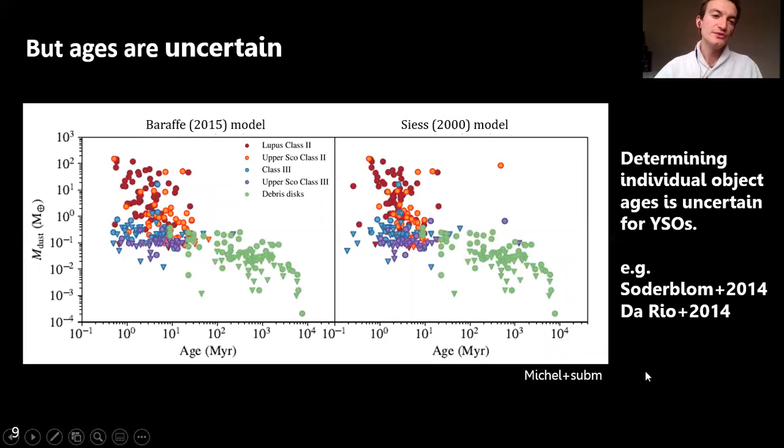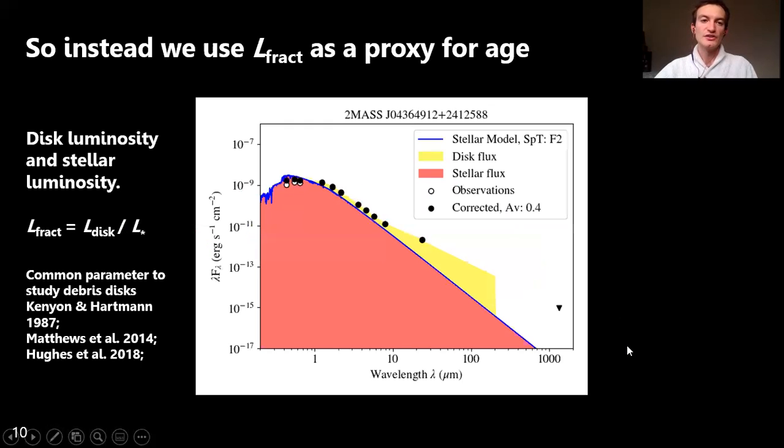But when we want to use ages, we find that ages are uncertain, and determining individual object ages is quite hard. Here we plot the dust mass against the age of individual objects for two different models, and we find no clear correlations between the dust masses and the age. So instead, we use a fractional disk luminosity as a proxy for age.